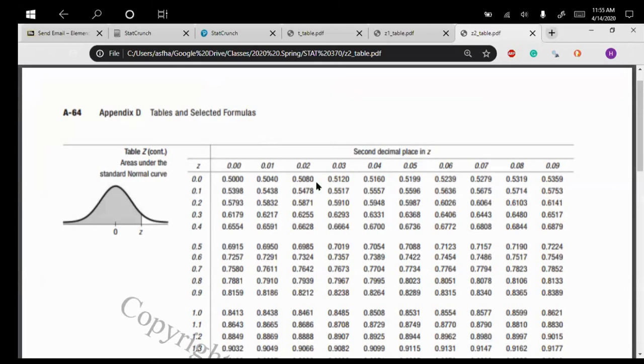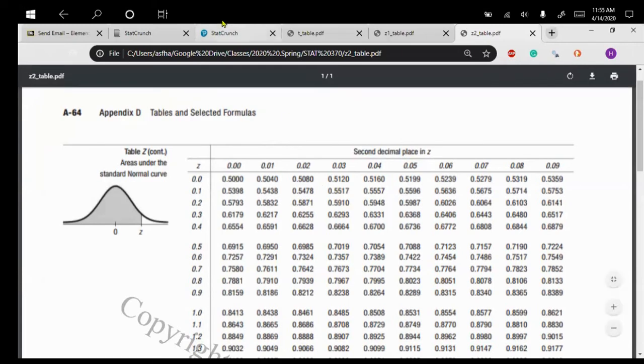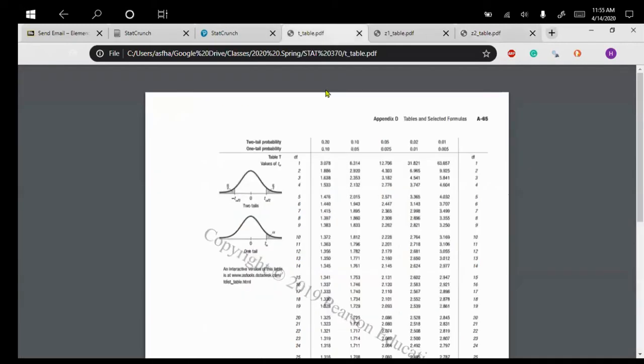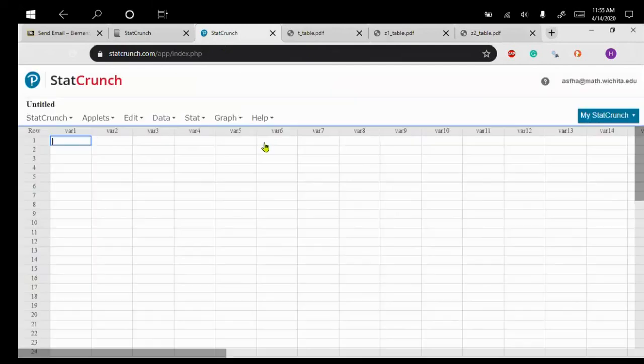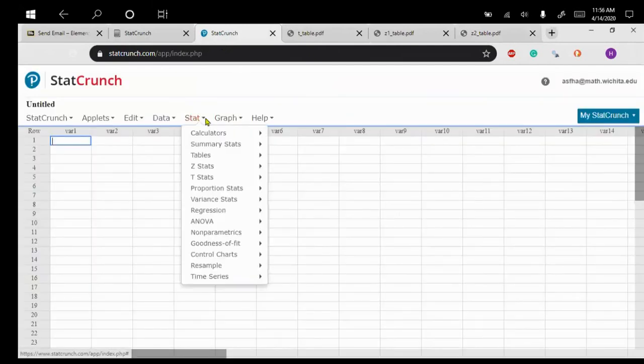I would recommend you to use technology for this one. If you get used to that one, it's much easier. Now we don't have an in-class test, so you don't have to worry about that. So let's see how we can find it using StatCrunch first.